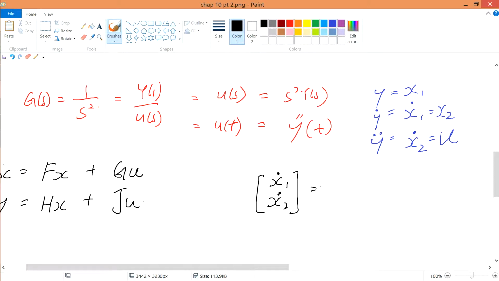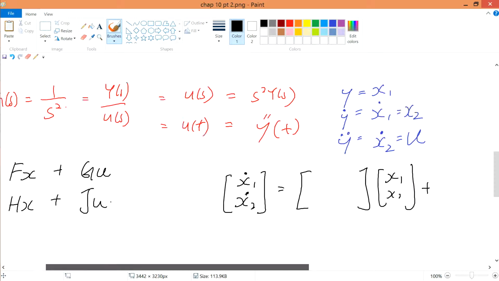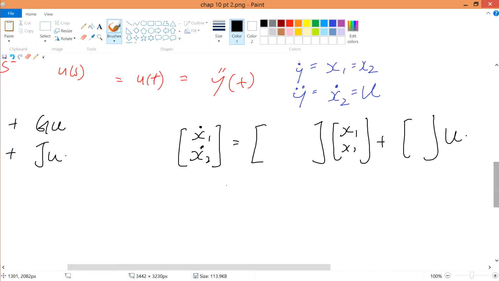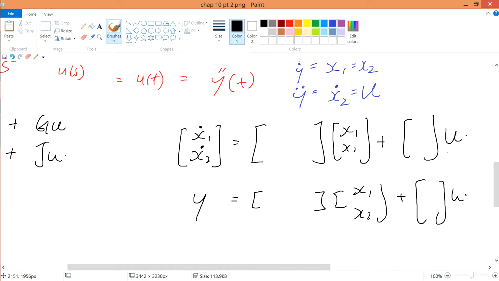It equals some matrix times x1 and x2, plus a certain matrix times u. Over here you'll write y equals some matrix times x1 and x2, plus Du. Often D is zero, never mind, just read it first.